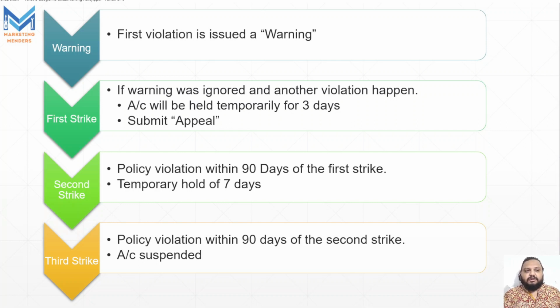So please make sure whenever you get any warning, you look at each and every aspect of your campaign, your landing page, whatever violations have been highlighted. You should look at that particular violation in detail and remove it from your landing page, your website, or your Google Ads account.